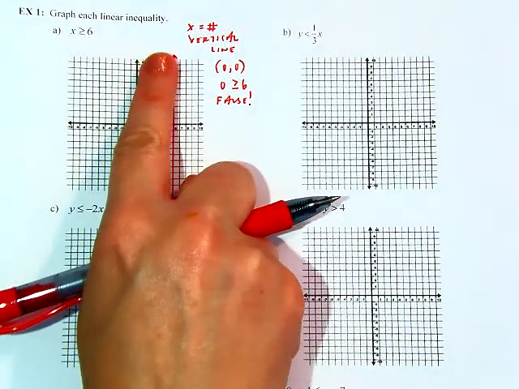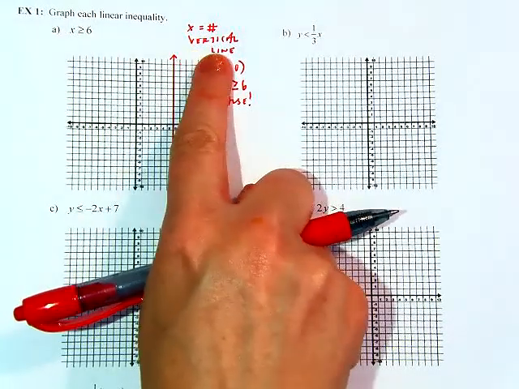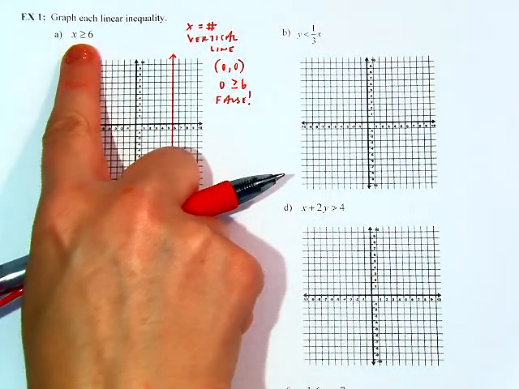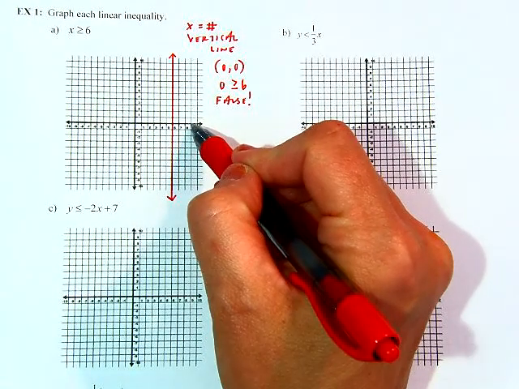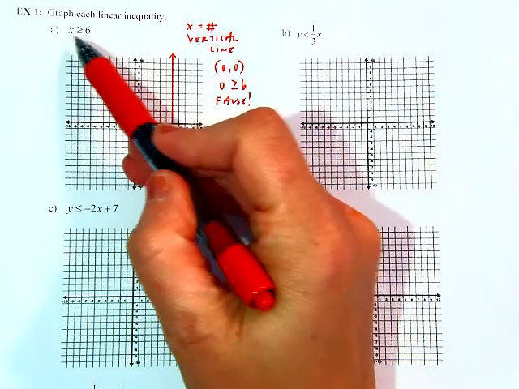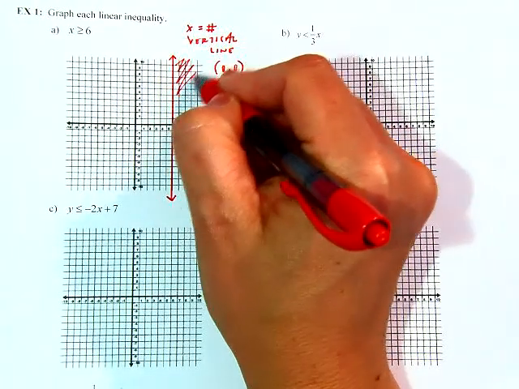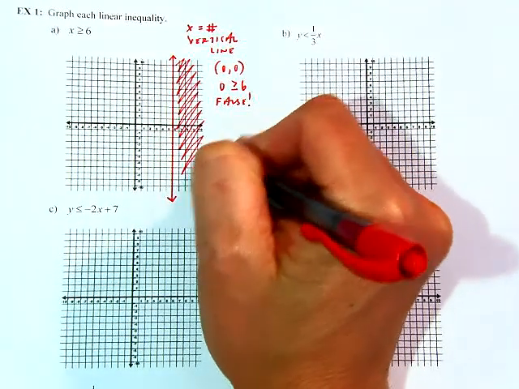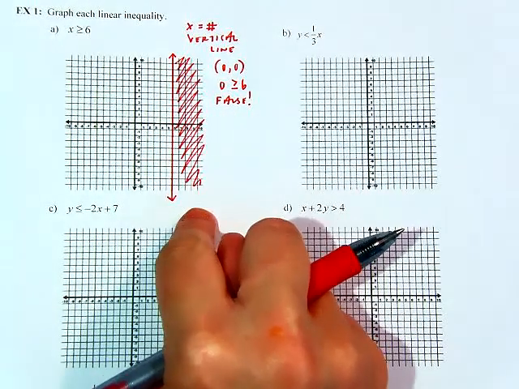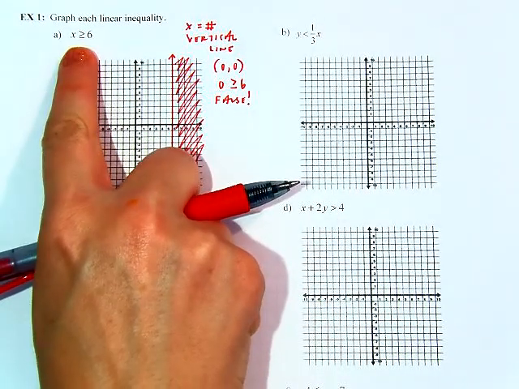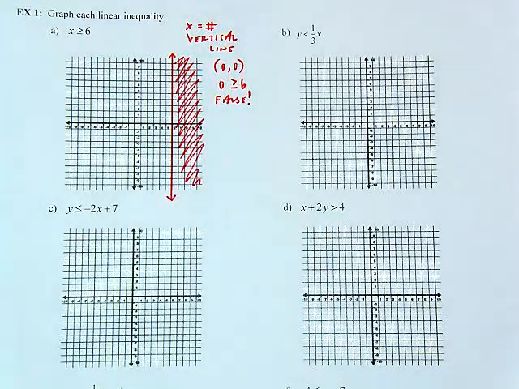Anything in this region would make this statement false, and anything in this region will make this statement true. Even if I wanted to double check, if I picked this point right here, 9, 0, and plugged it in, 9 is obviously greater than 6. So this is the region that I shade. Any point in this region will make this statement true. Anything in the opposite region over here will make that statement false.